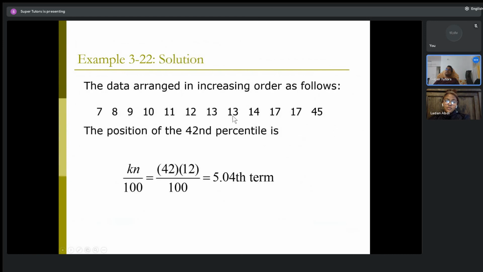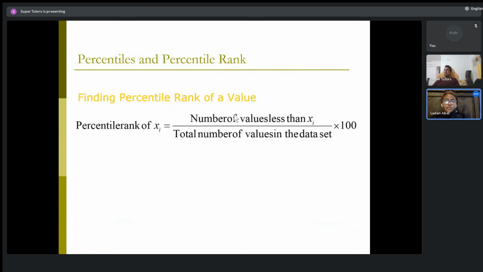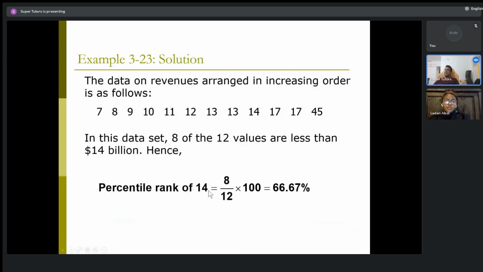If you count carefully, 1, 2, 3, 4, 5, 6, 7, 8. So number of values less than 14 is 8 divided by total number of values, which is 12, multiplied with 100. So 66.67% is the percentile rank of this 14.